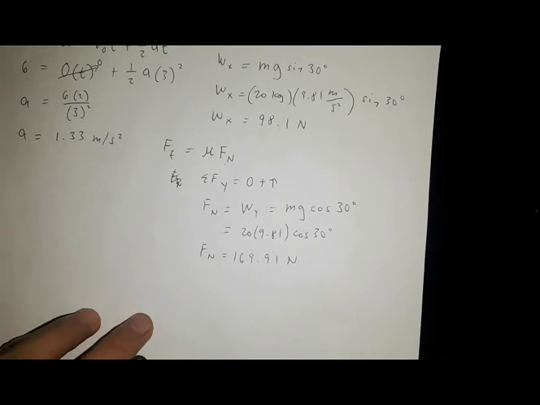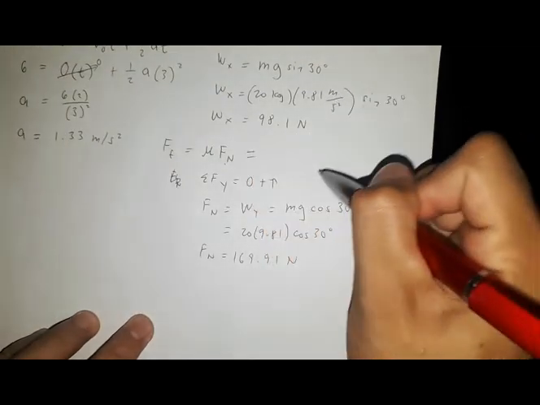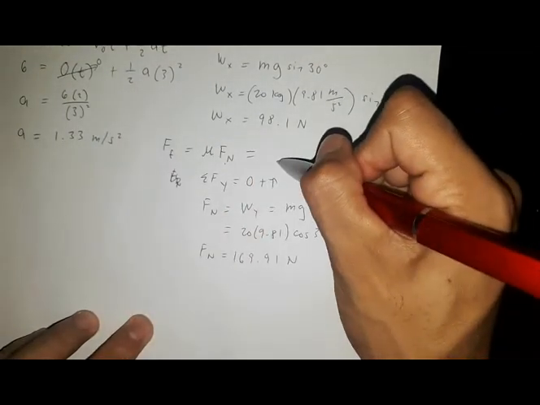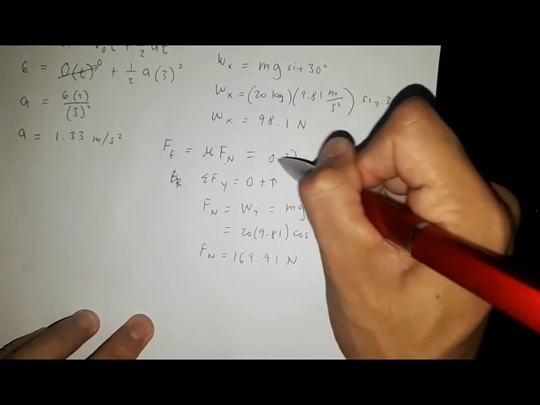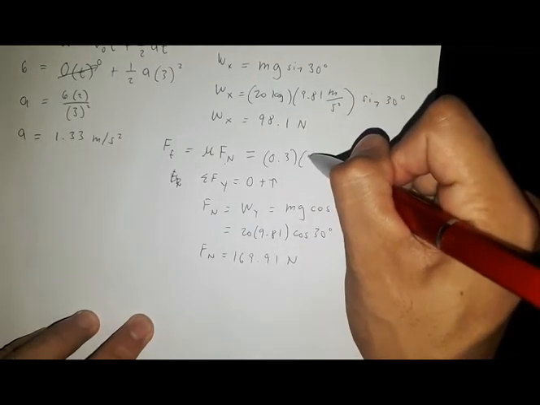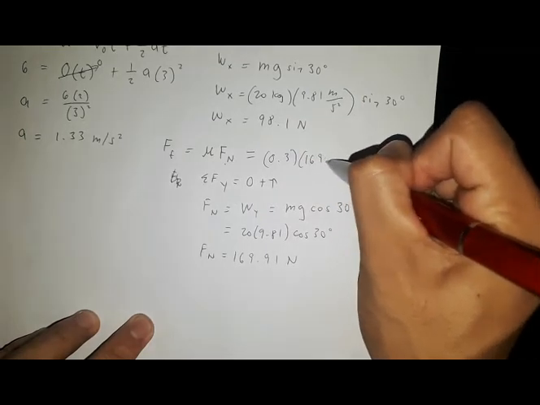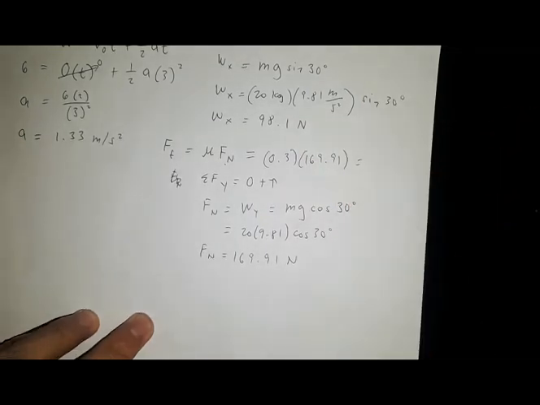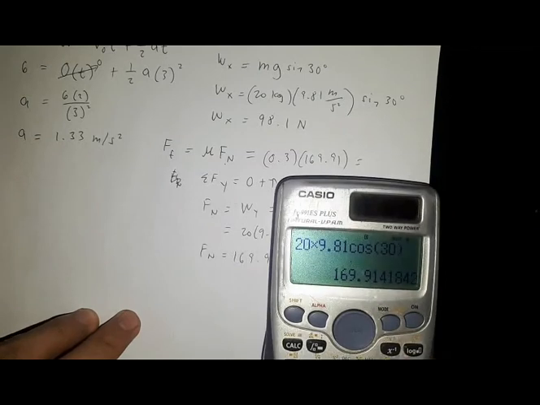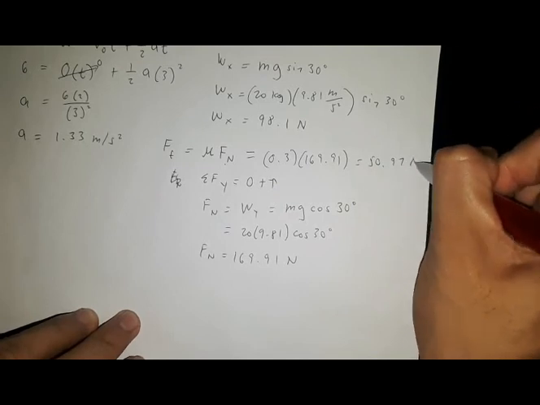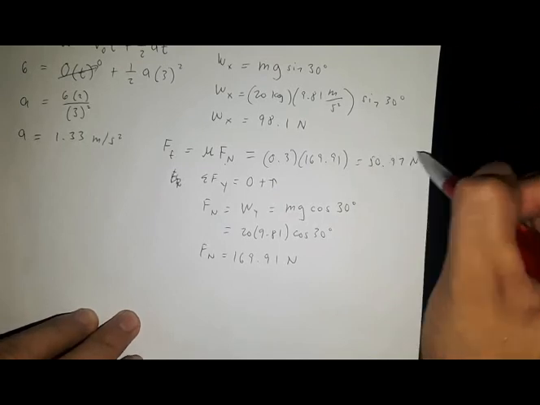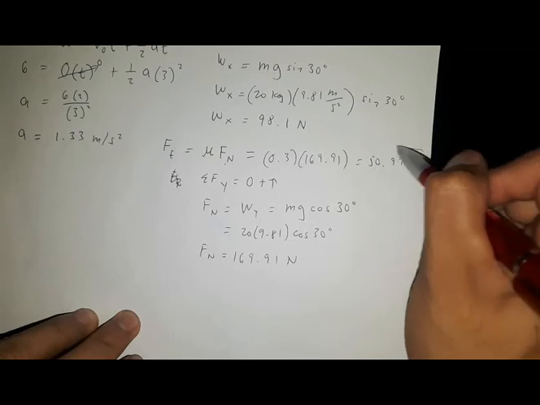Now we can solve for the frictional force, that is equal to mu, 0.3, times the normal force of 169.91, and it is equal to 50.97 newtons.